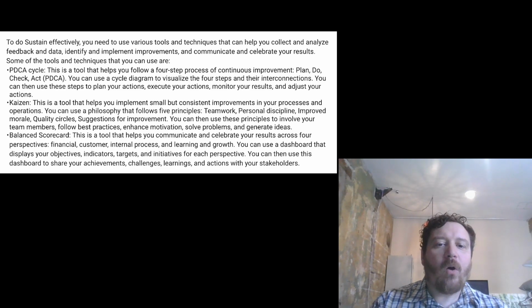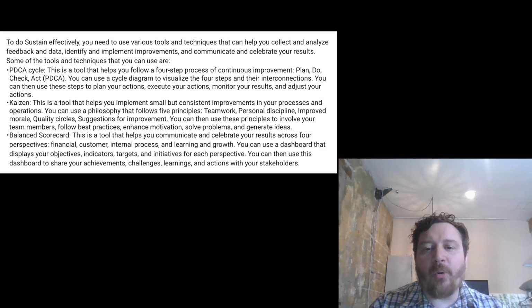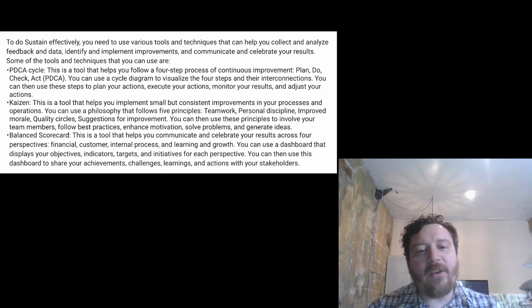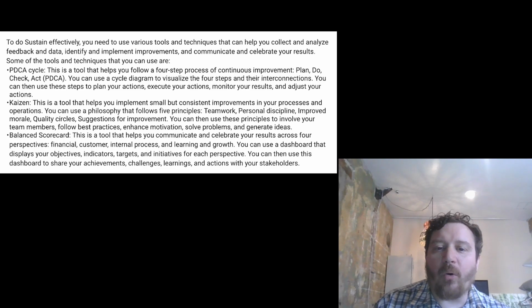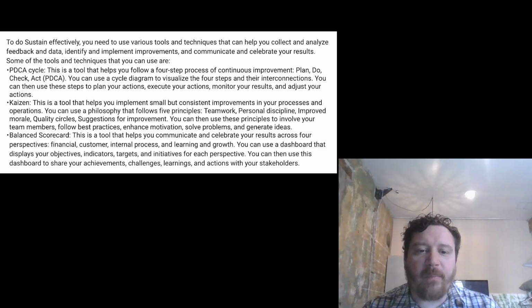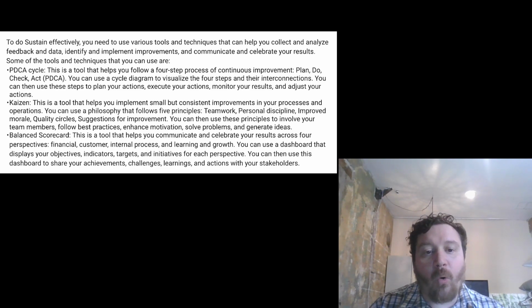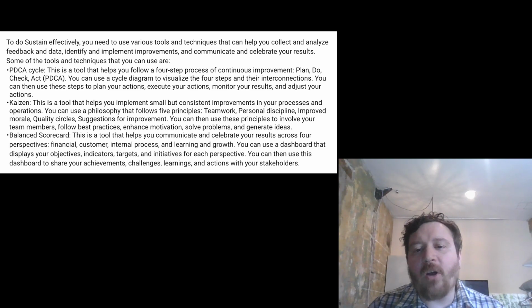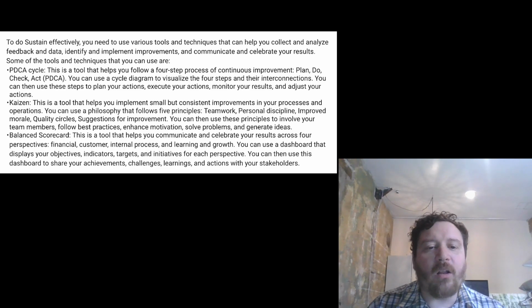Learning and growth. We shared our learning and growth results such as team skills, knowledge, motivation, and culture with our stakeholders. We celebrated our achievements, such as our goal to develop a prototype of a robot in the next year. We also acknowledged our challenges, such as developing our team skills and our knowledge.